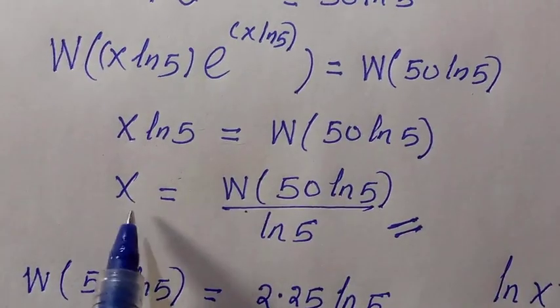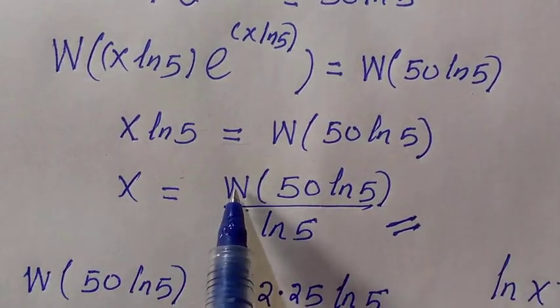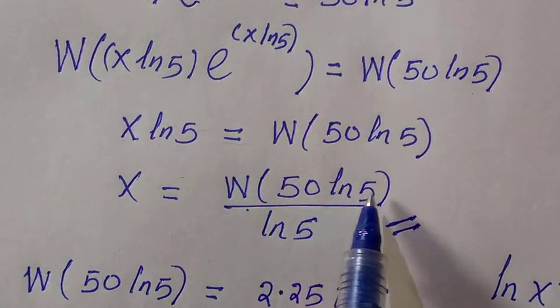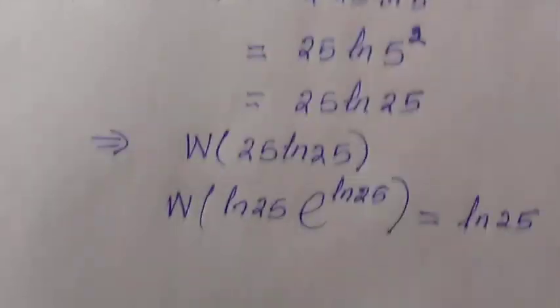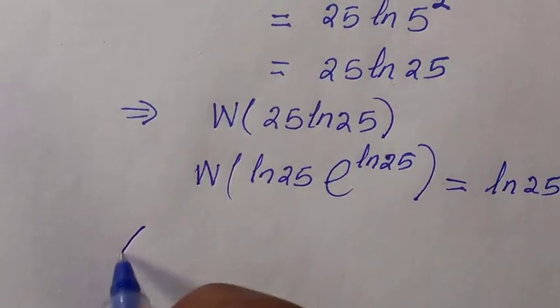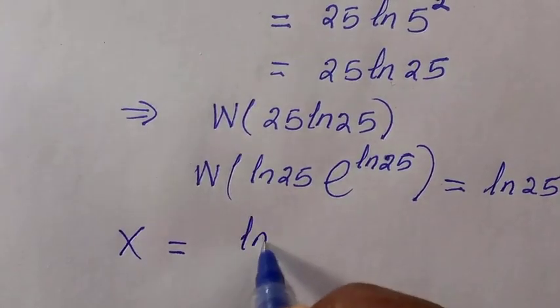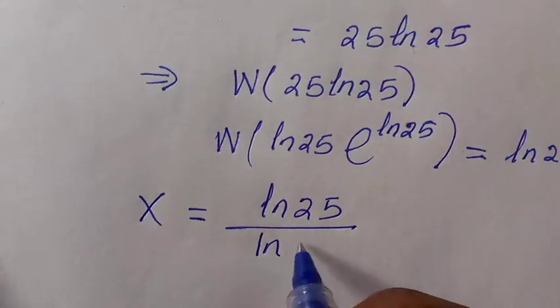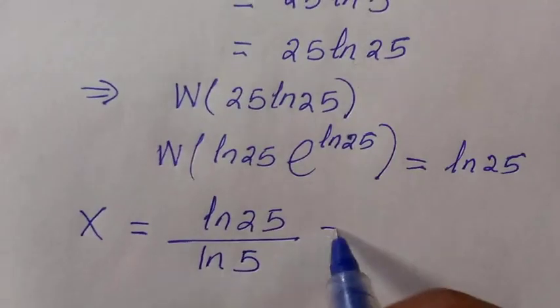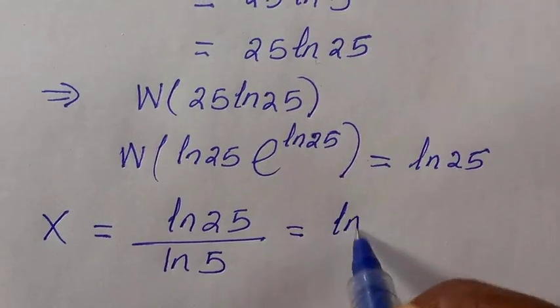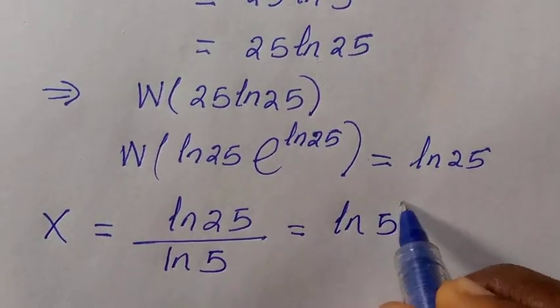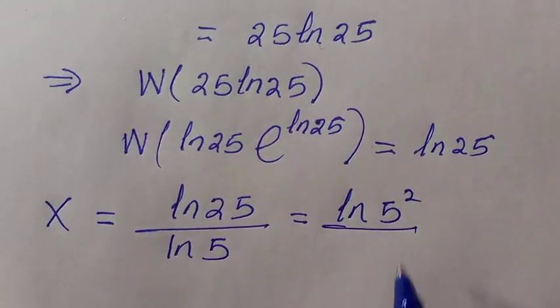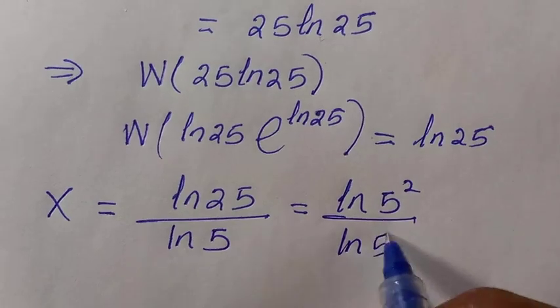So therefore, we will now come back to this value of x, which means the whole of omega of 50 ln 5 is the same thing as ln 25. So we have x equals ln 25 divided by ln 5. And the ln of 25, we have it as ln 5 to the power 2 divided by ln 5.